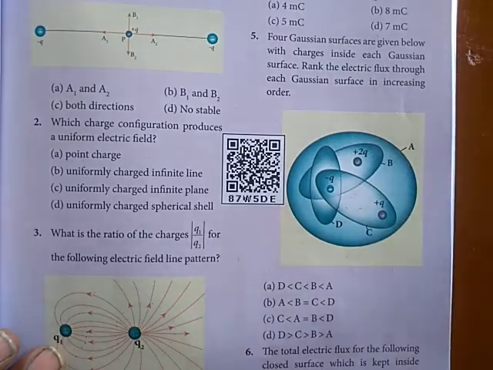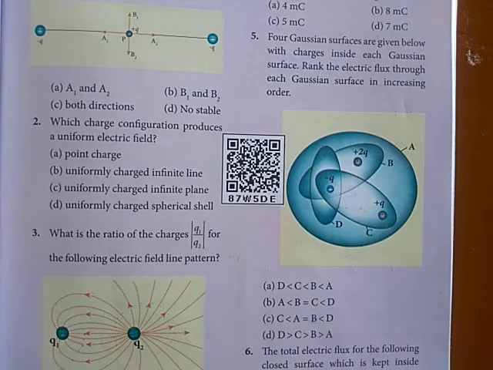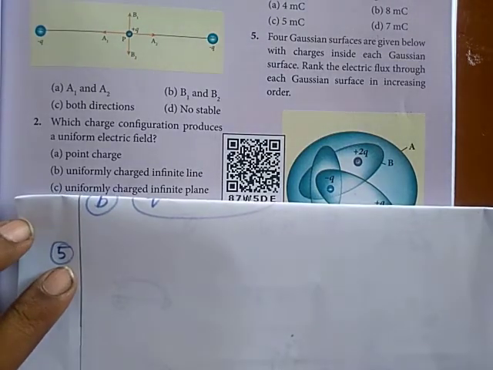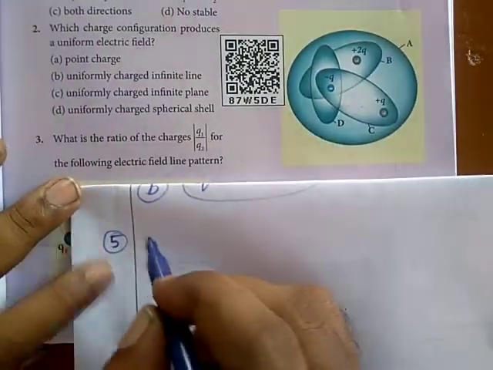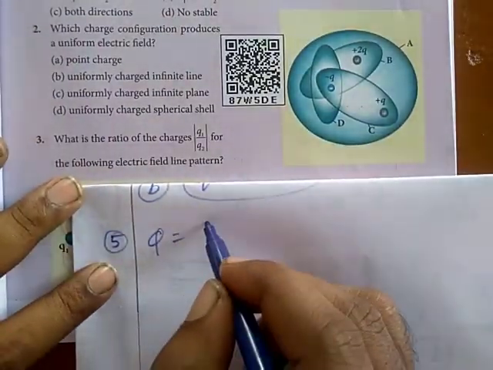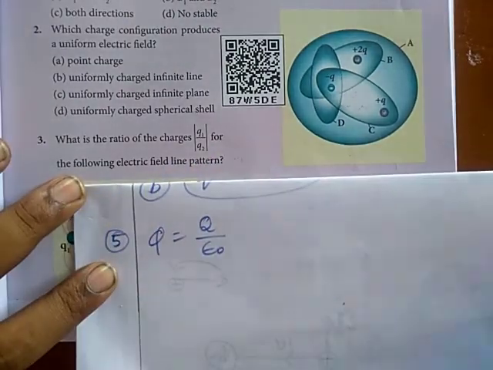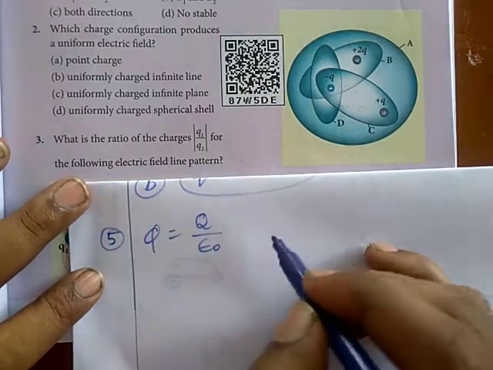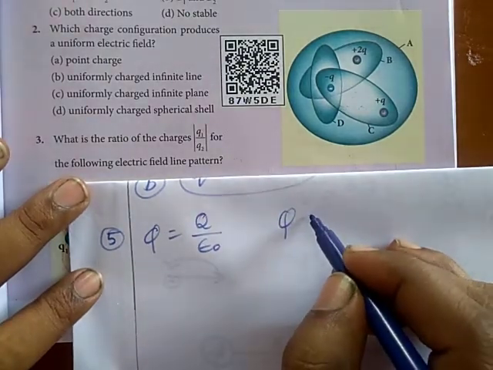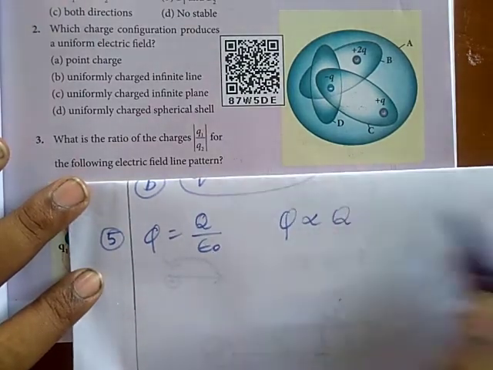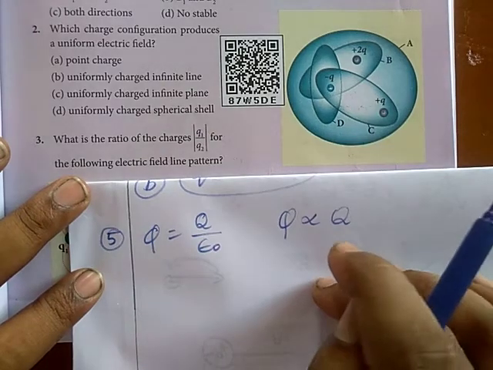We know, according to Gauss law, the flux phi is equal to Q by epsilon naught. Here epsilon naught is a constant, so the flux depends on the amount of charge inside that Gaussian surface.